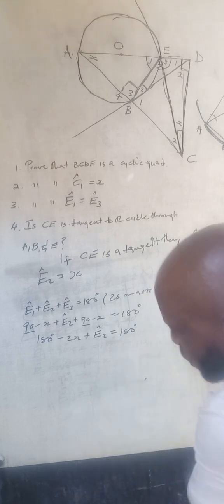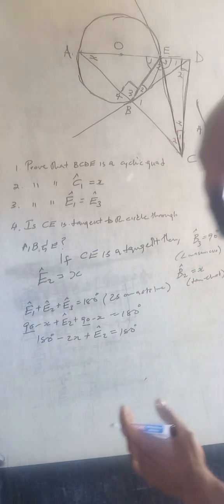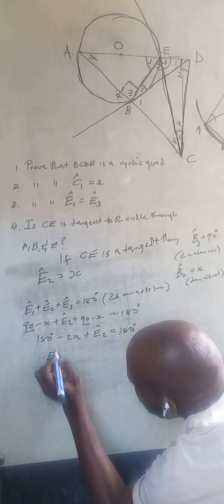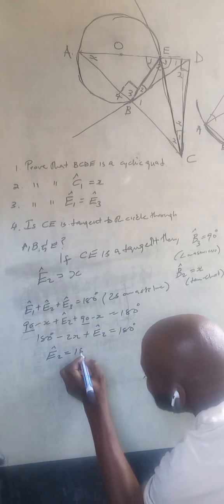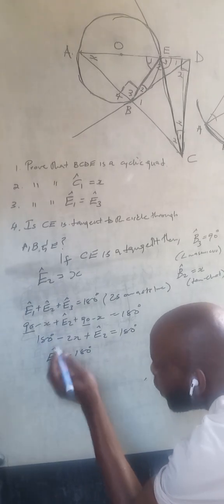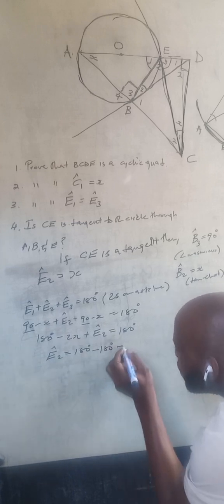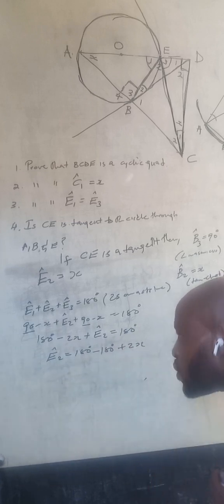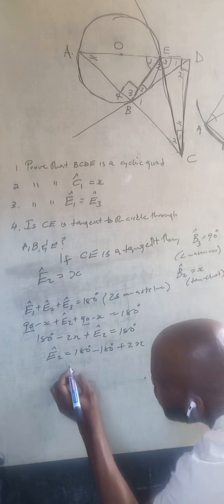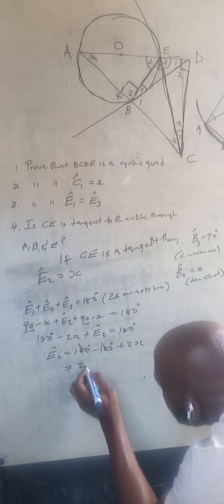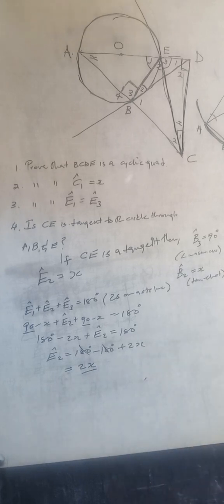Right? Okay, let's transpose everything to that side. We are looking for the value of angle E2. Angle E2 is 180 degrees, let's transpose the 180 degrees, and then the 2x will also change sign. It will be positive. Therefore, E2 is equal to 2x.